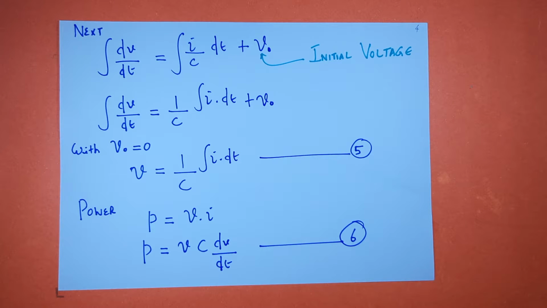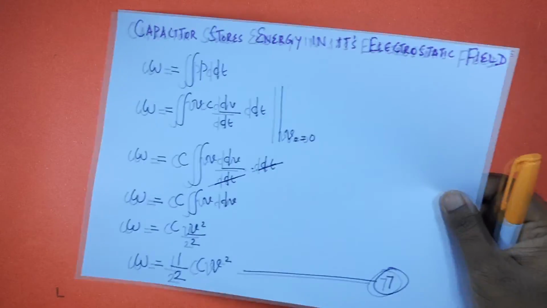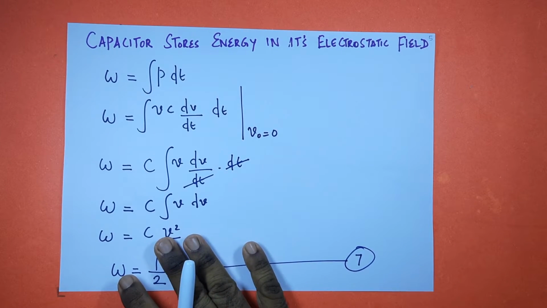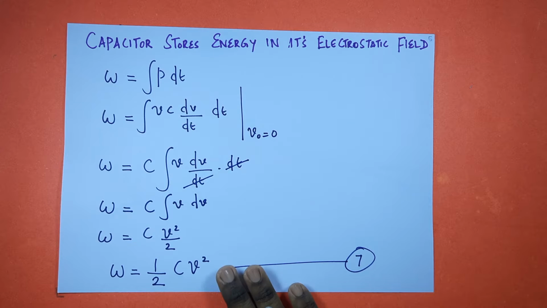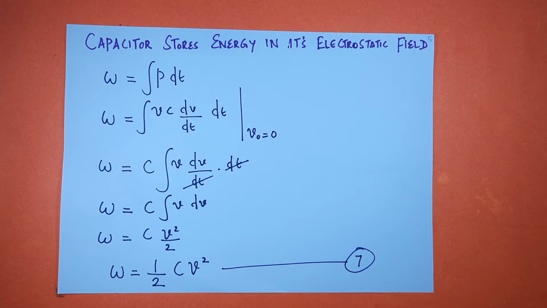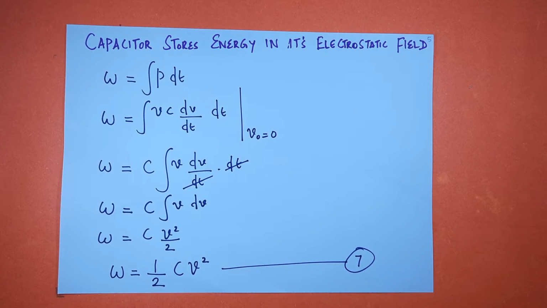So I already told you capacitor and inductor, these two are energy storage elements. If you take the case of a capacitor, it stores energy in its electrostatic field. A capacitor stores energy in its electrostatic field.